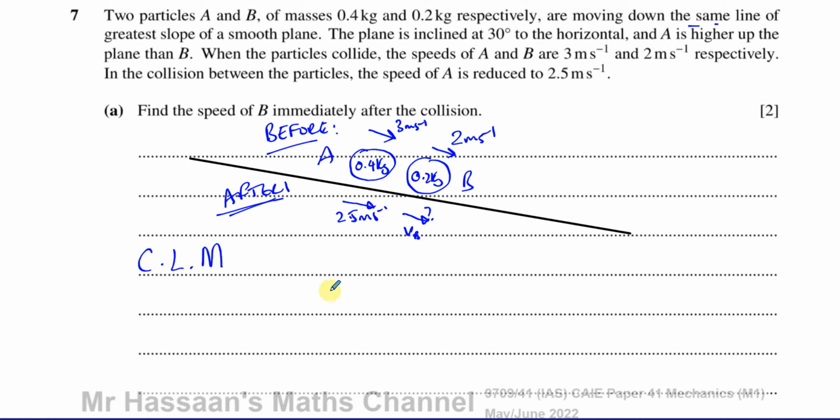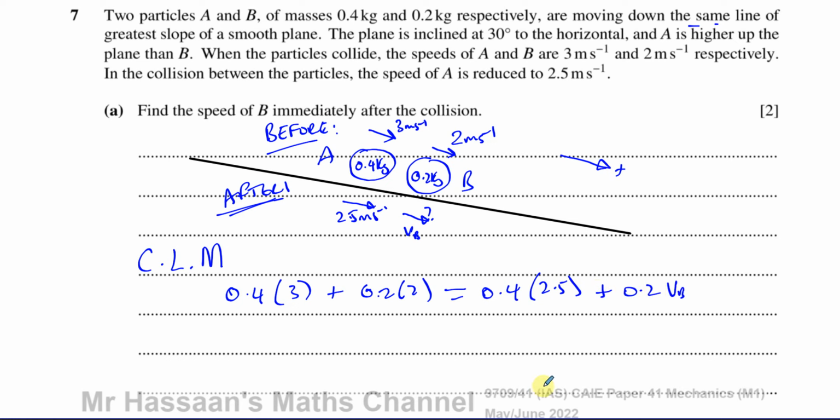We can say that the total momentum before the collision, taking down as positive, is 0.4 times 3 plus 0.2 times 2. And that's equal to 0.4 times 2.5 plus 0.2 times the velocity of B at the point where they collide.